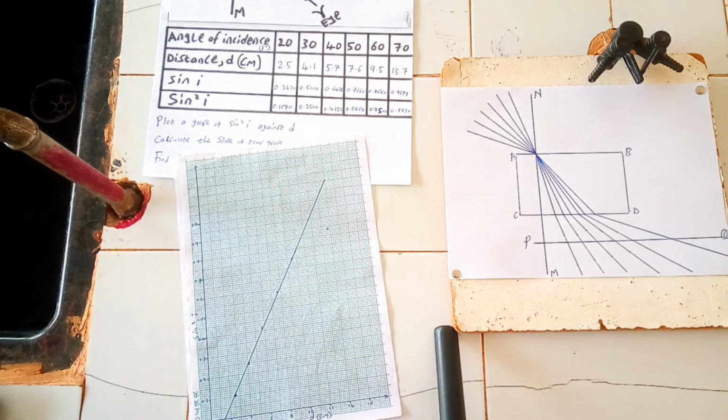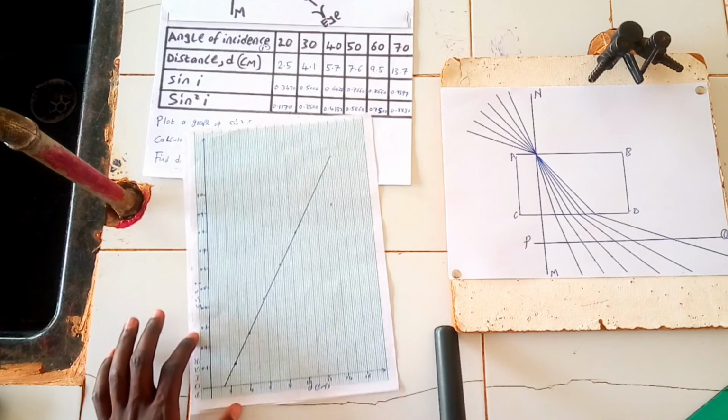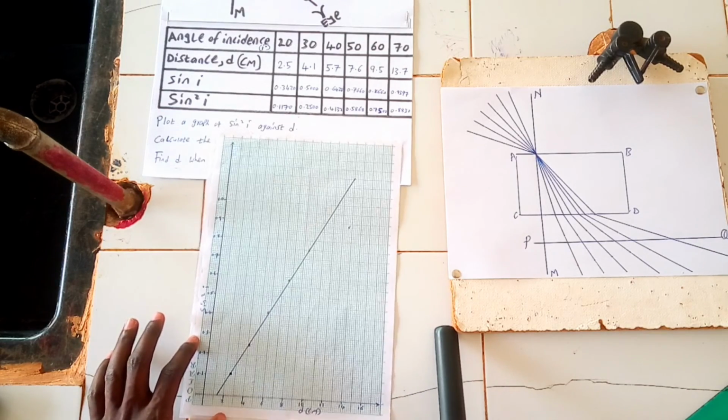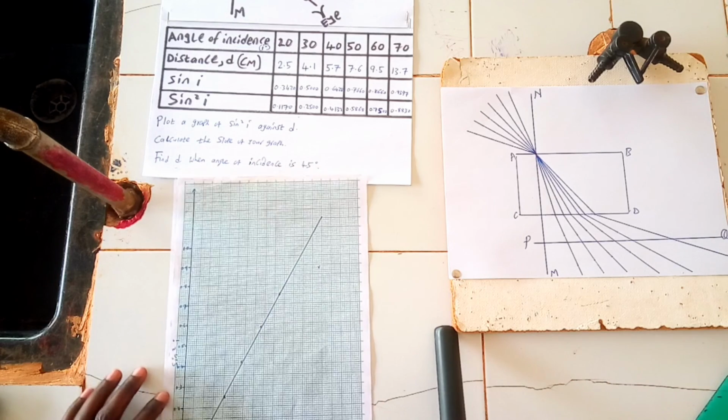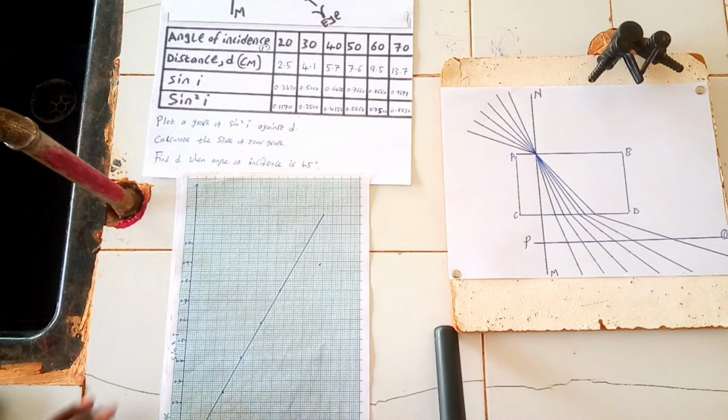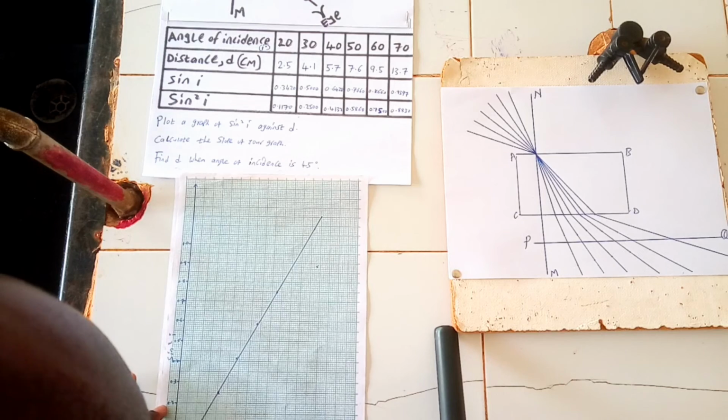So that is the graph we have obtained. That is the graph or the line of best fit. Then from this line, we are now to determine the slope. So we pick 2 readable points to obtain the slope.